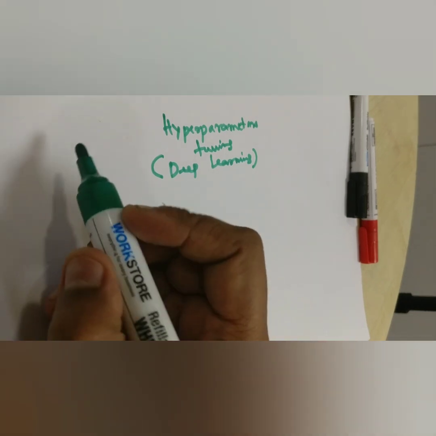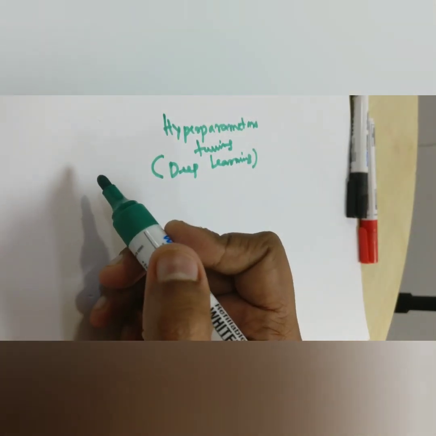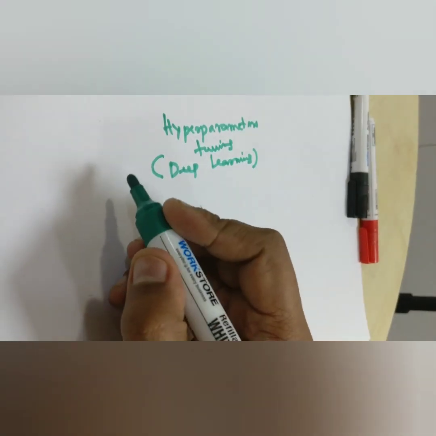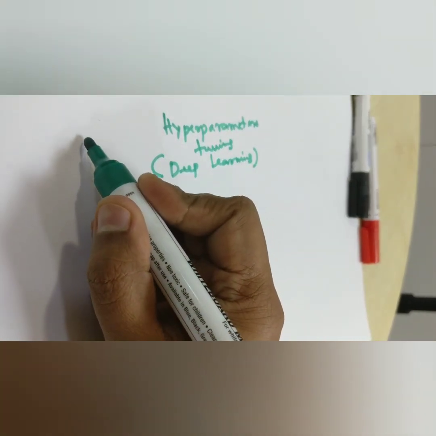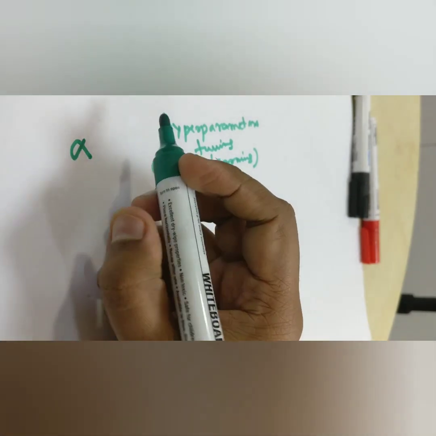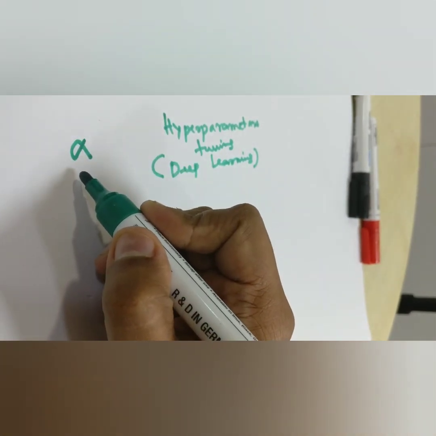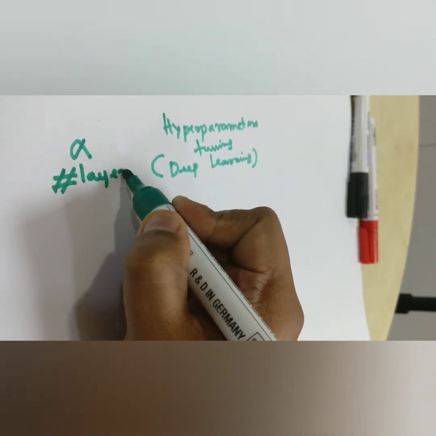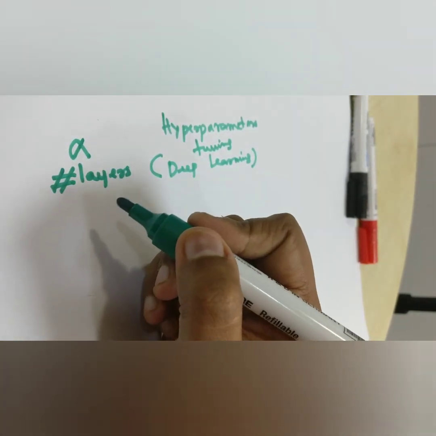Now we know, if you have taken any deep learning courses, there are so many hyperparameters. For example, we have heard about the learning rate, which is typically denoted by alpha. Then we are also trying to learn how many layers we are going to use in the deep learning network.